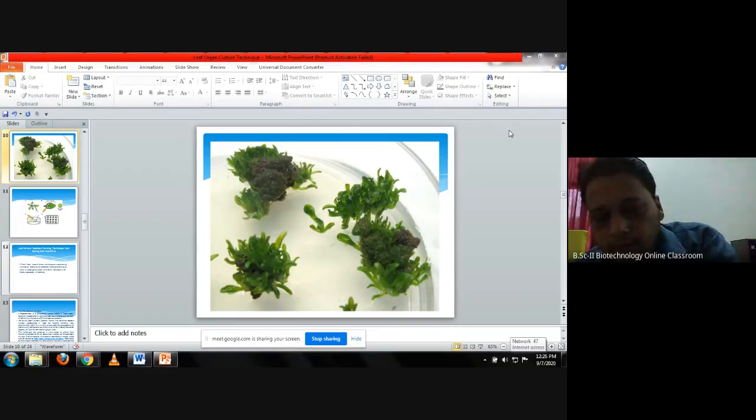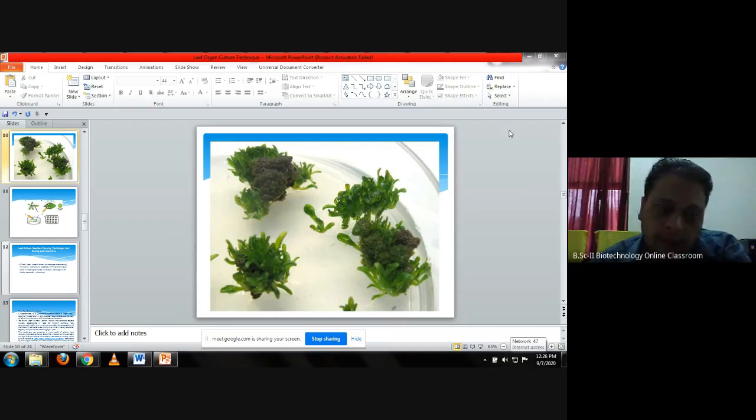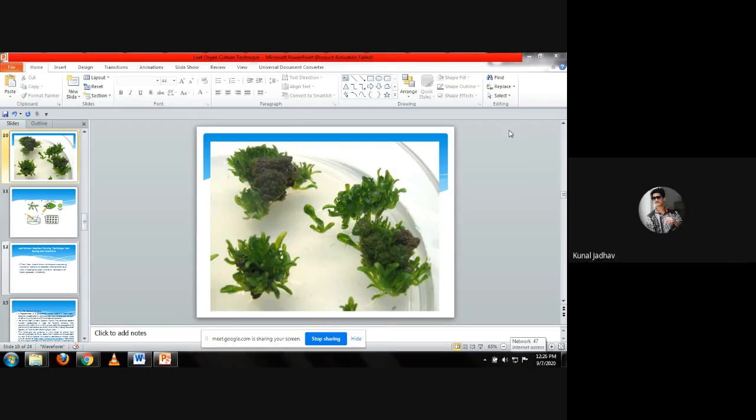Here, from this leaf disc only you will get small plants, and these plants are transgenic. So this leaf regeneration method is used widely in tobacco. Got it? Here I have shown you the slide that is the example of this tobacco, and from this tobacco small plants have emerged. Did everyone understand? Yes, sir.